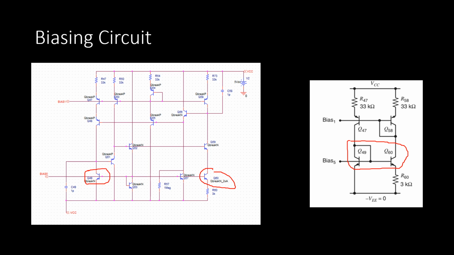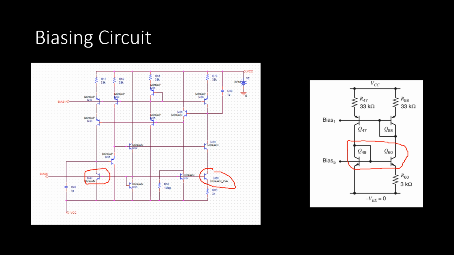This simplified version was used to tweak parameter values of the transistors such that a 6 microamp bias current was achieved at the collector of Q47. This current would be used to bias a lot of the transistors throughout the circuit in the Op Amp.